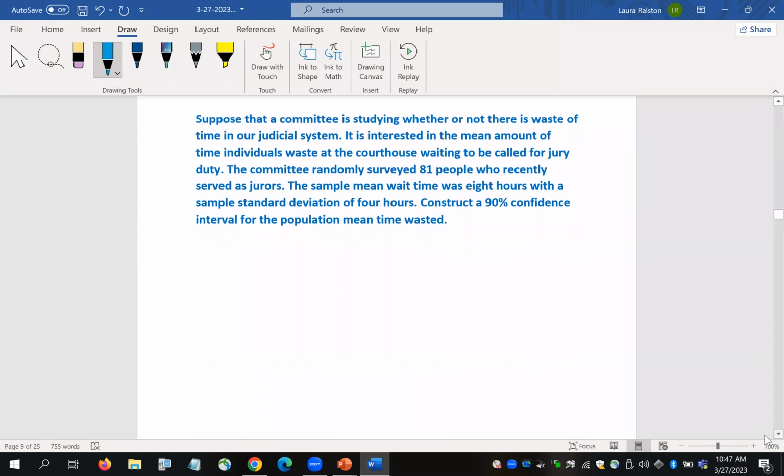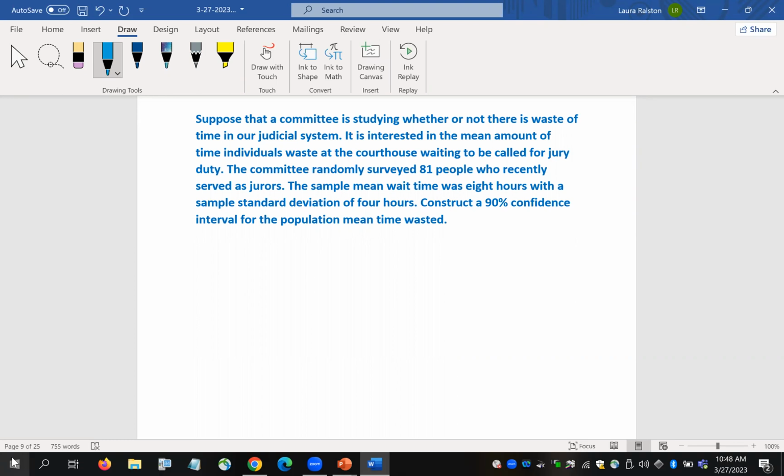So the first example says, suppose that a committee is studying whether or not there is waste of time in our judicial system. It is interested in the mean amount of time individuals waste at the courthouse waiting to be called for jury duty. The committee randomly surveyed 81 people who recently served as jurors.